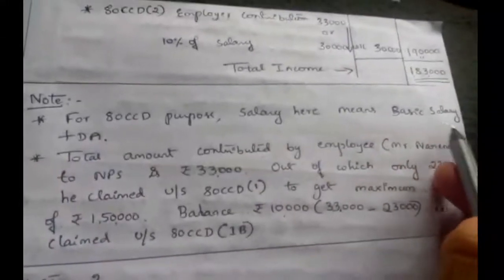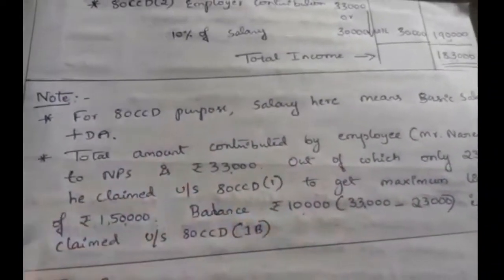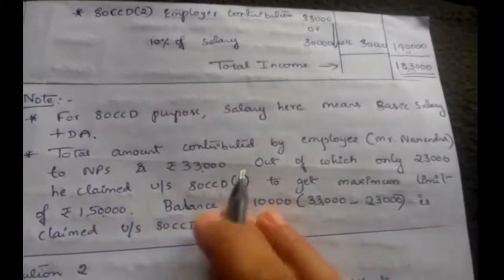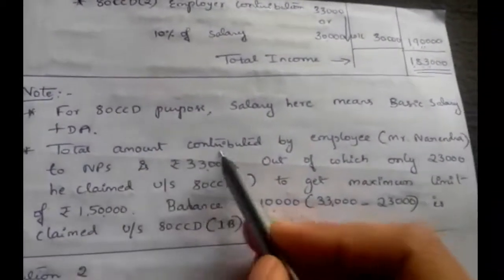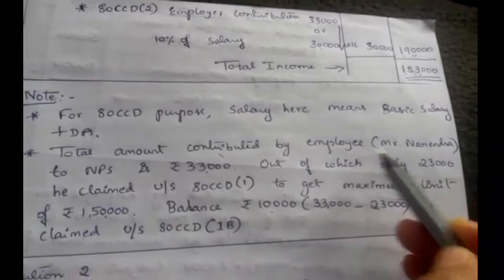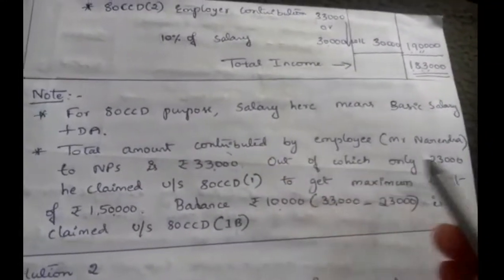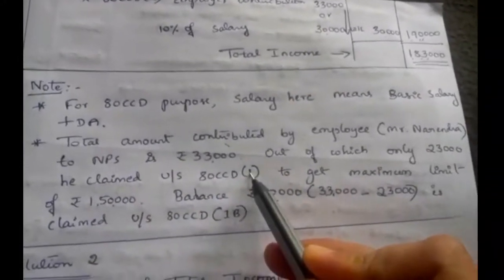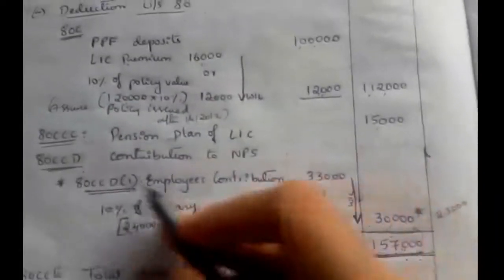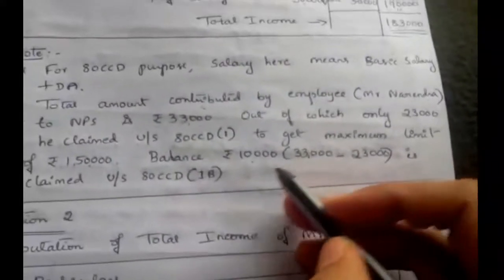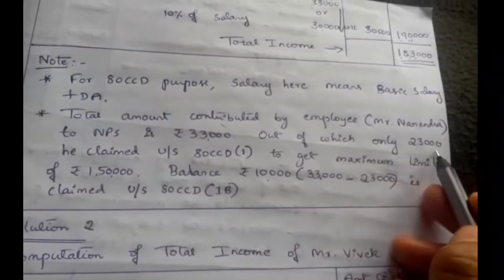See the note: for 80CCD purpose, salary here means basic salary and DA, which is already explained. This is the note I have given for the contribution to NPS. The total amount contributed by the employee, Mr. Narendra, to NPS is 33,000. Out of 33,000, only 23,000 is claimed under section 80CCD 1. Why did we claim only 23,000?